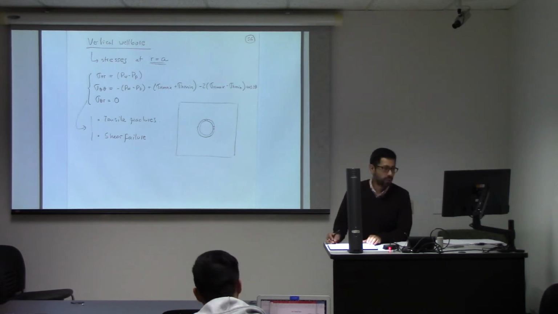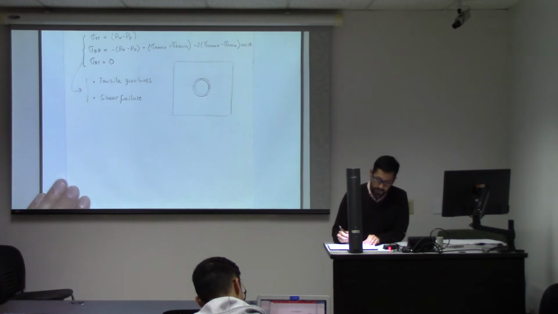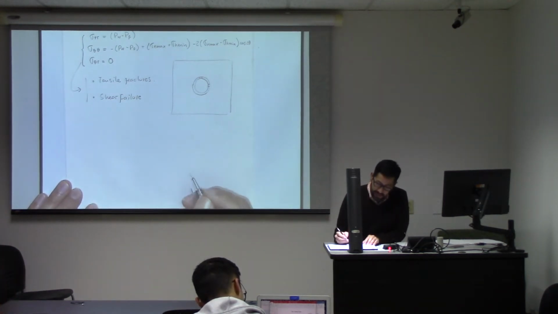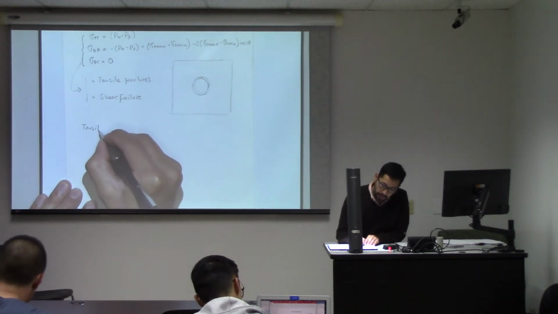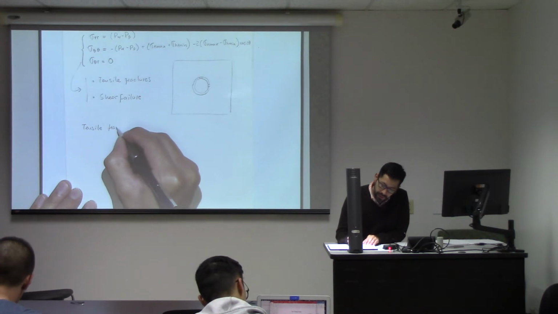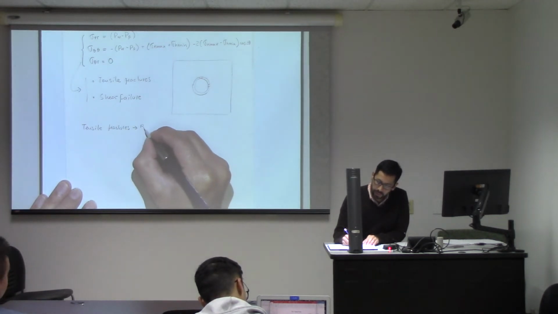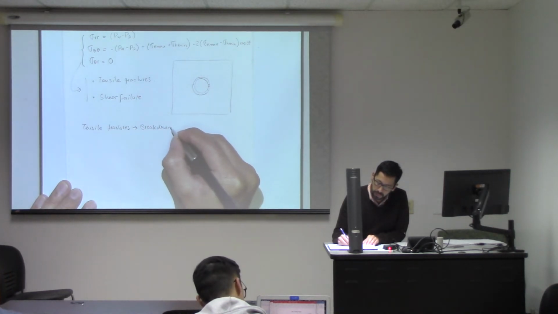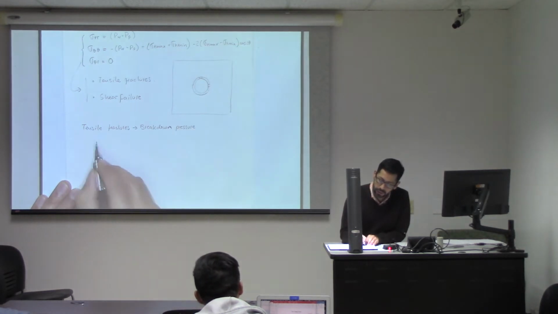So the first thing that we're going to do here is to use this equation in order to compute what are called tensile or drilling-induced tensile fractures. And the result of that is going to give us something which is called a breakdown pressure. I'm going to explain why this is called breakdown a little bit later on.